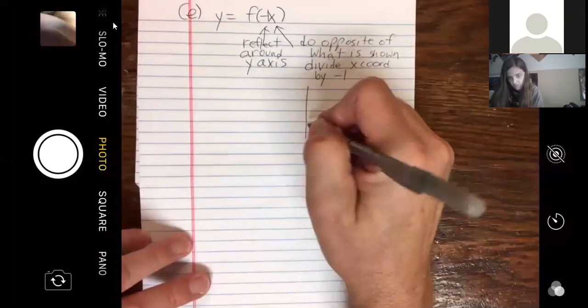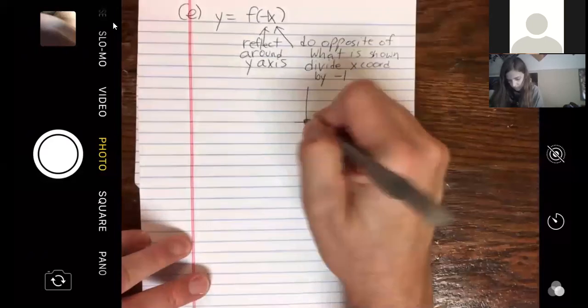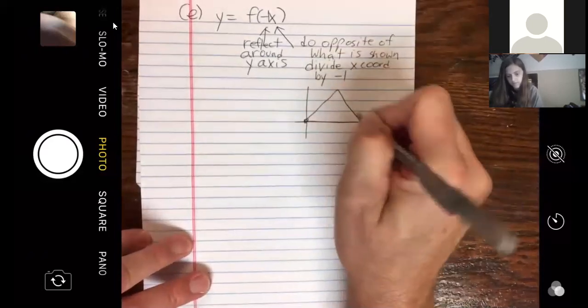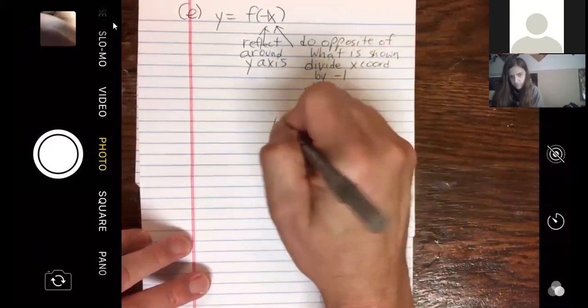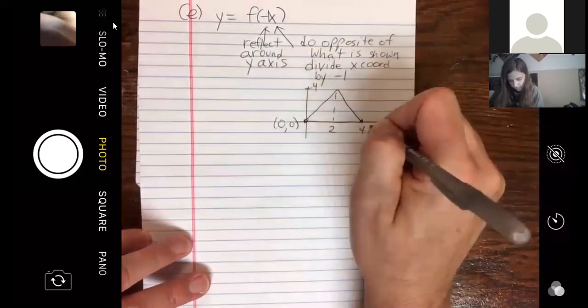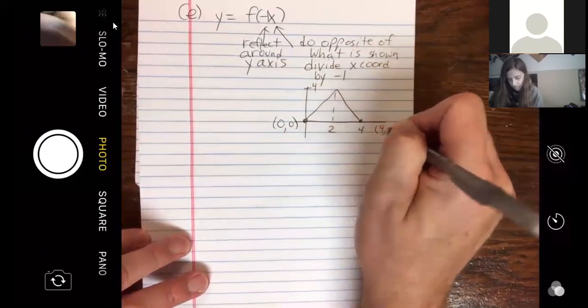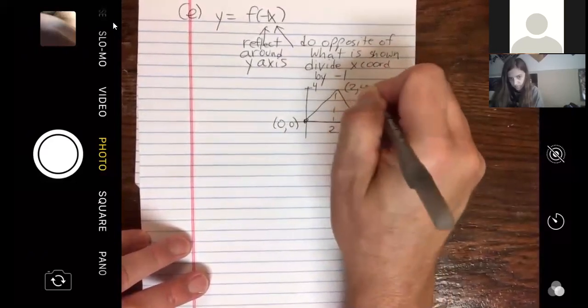I'll show you from the original graph. Over 4, up 4, and we're 2 over. Here's 0, 0, 4, 0, and 2 and 4.